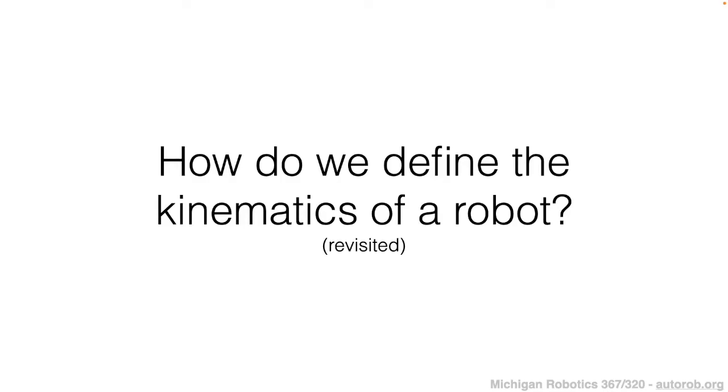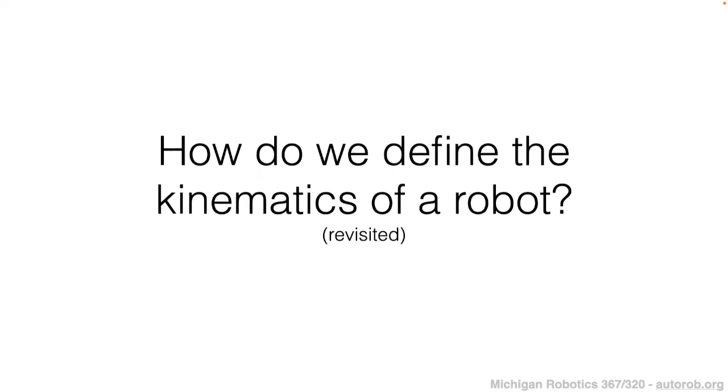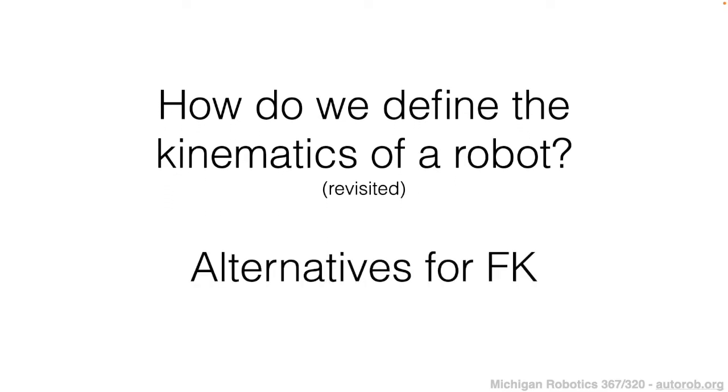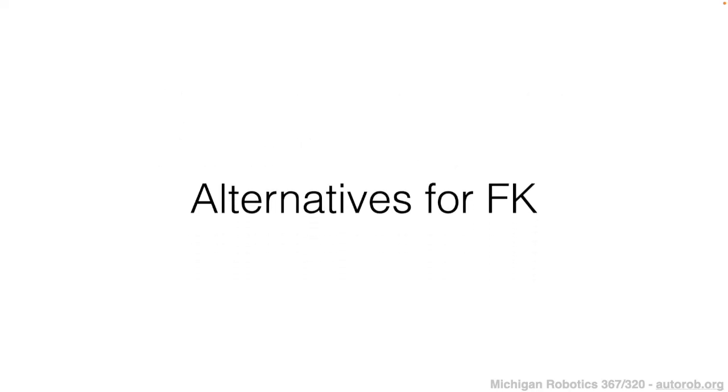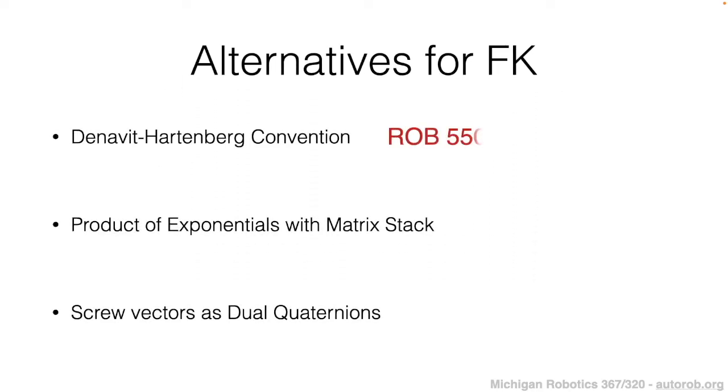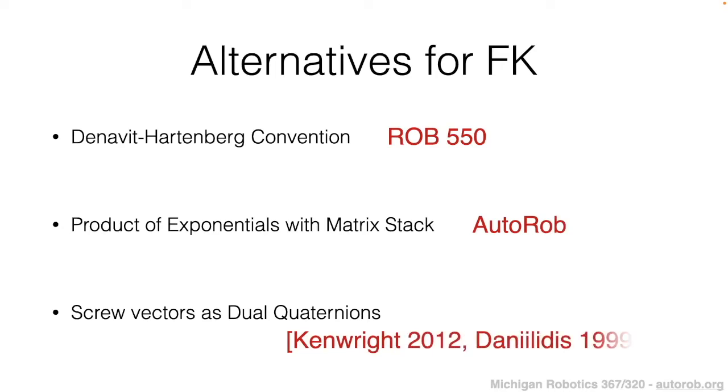As one final brief topic, let's revisit how we define kinematics for our robots and consider a few alternatives. Three common approaches are summarized on this slide. One you might see references to, which the Spong book discusses at length and which you will see in Robotics 550 if you take that course, is the Denavit-Hartenberg convention.